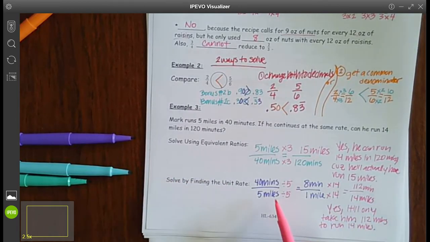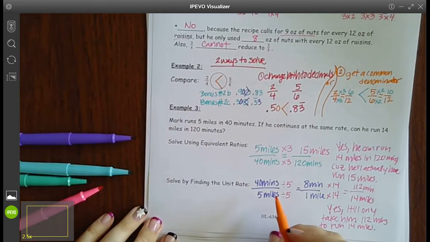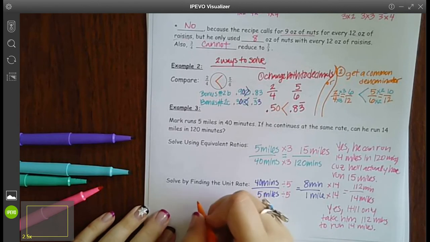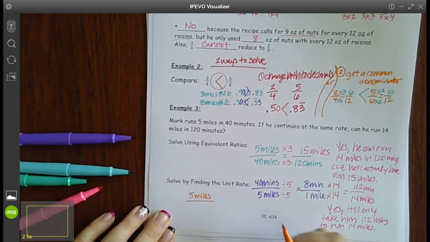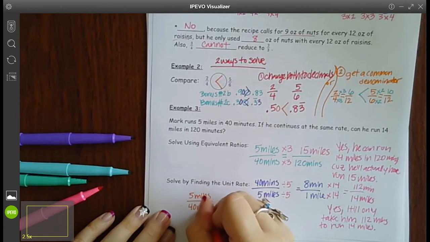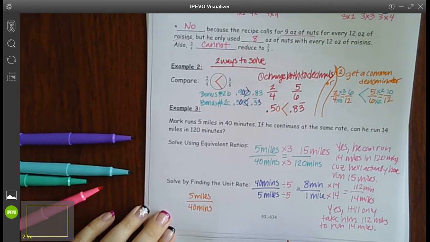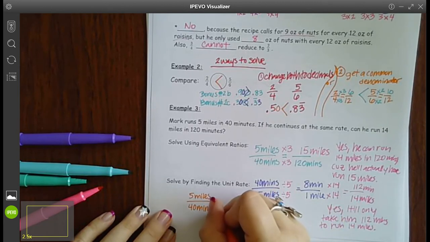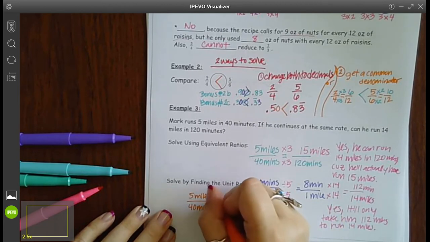Now, had I done this the other way, had I done miles over minutes, 5 miles in 40 minutes. This is why I don't necessarily like the unit rate, because it's a little bit trickier. Okay, so I would divide by 40 this time.